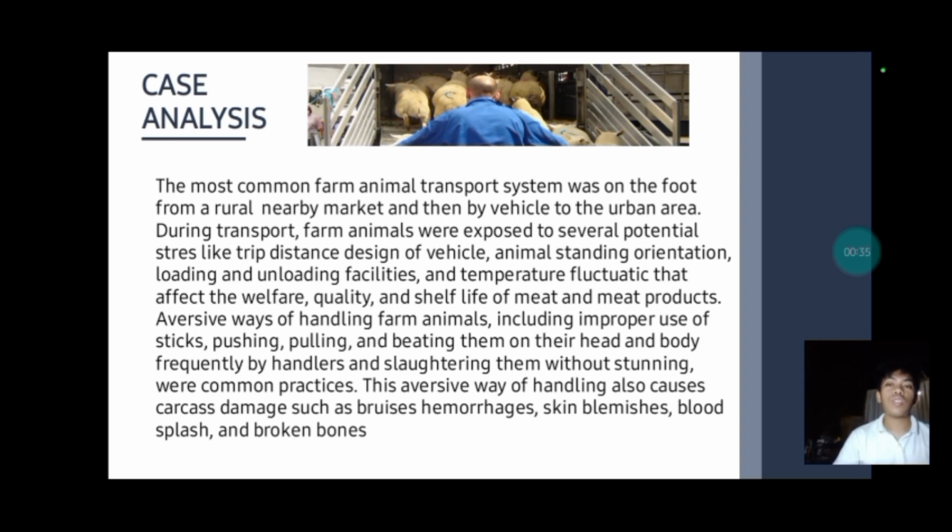Creating awareness for stakeholders, particularly for handlers, about behavioral principles, proper handling of farm animals, basic concepts and rules of good animal welfare, and its significant impact on the quality of meat is also imperative.